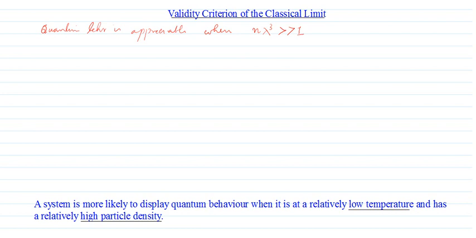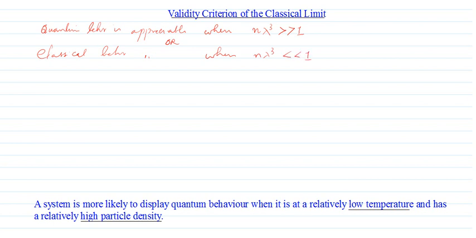Or in other words, the other way around, the classical behavior is appreciable when the reverse holds, that is, n lambda cube is very much less than 1.